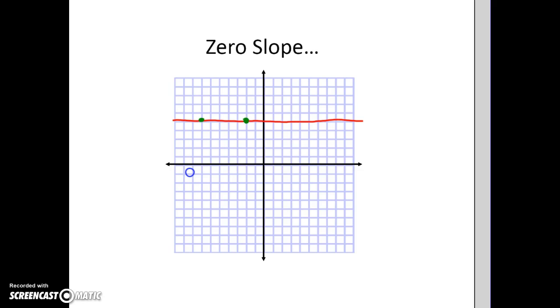I do not rise at all. So my rise is 0. This particular line, I run 1, 2, 3, 4, 5, but 0 divided by any number equals 0, so my slope is 0, because I have no rise.